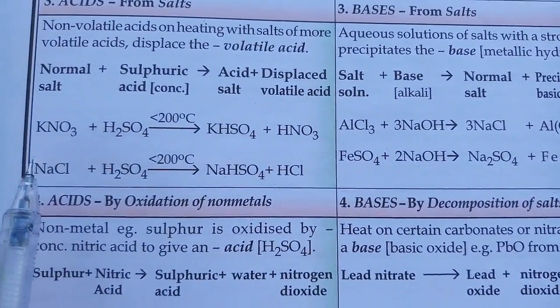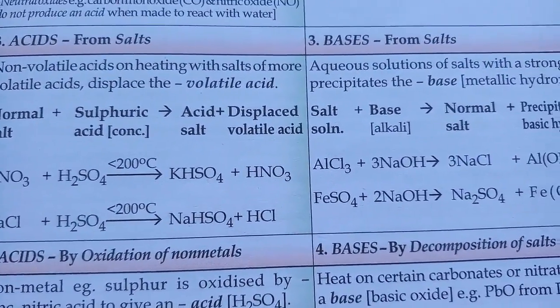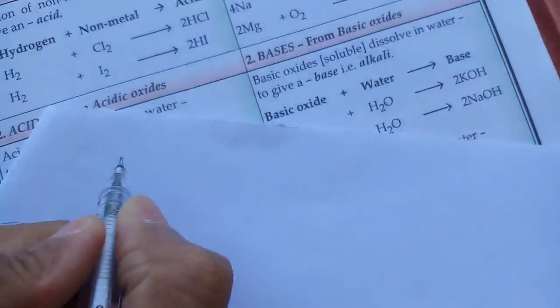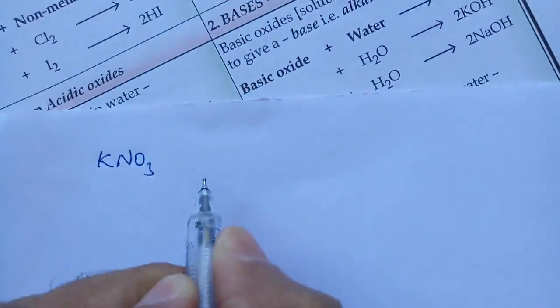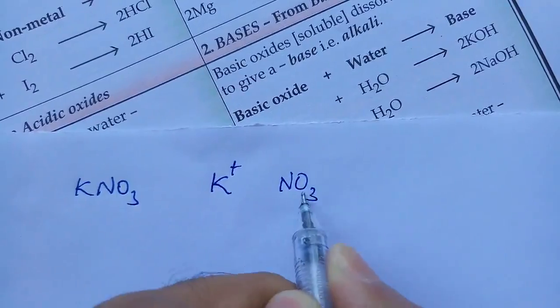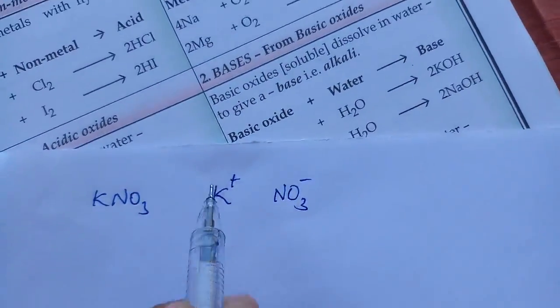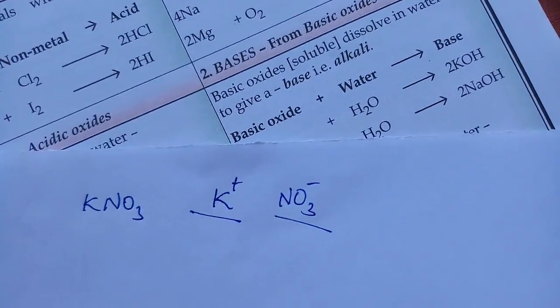Salt is a compound in which you will find a positive ion and a negative ion. For example, KNO3 has a positive radical and a negative radical, right? But this is not H, this is not OH.